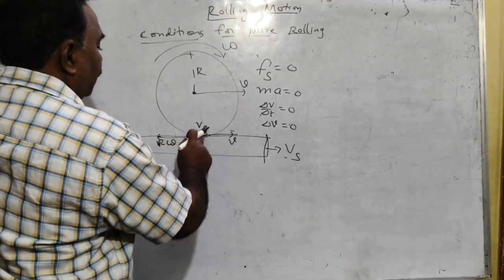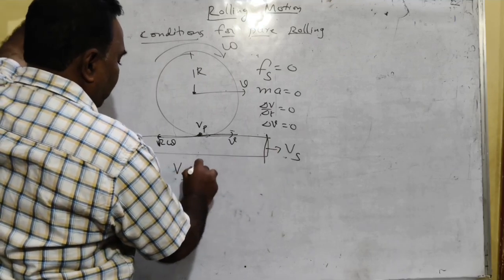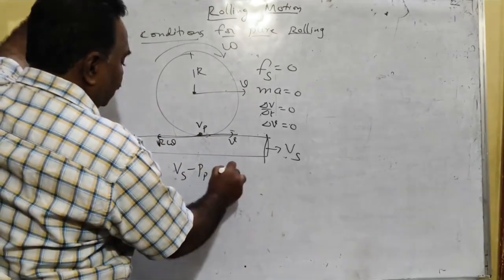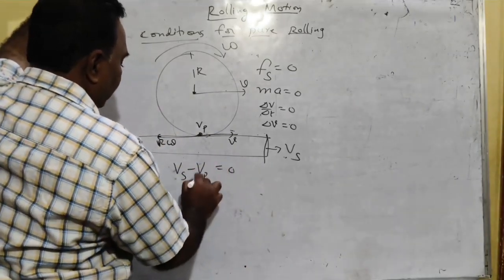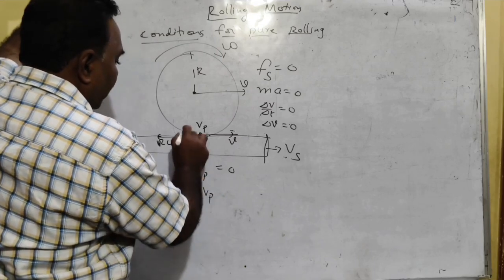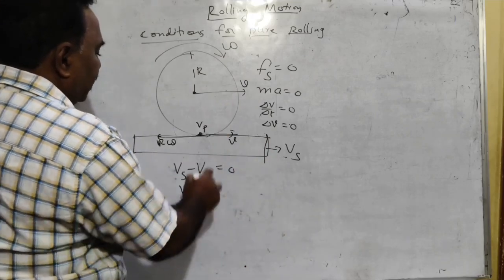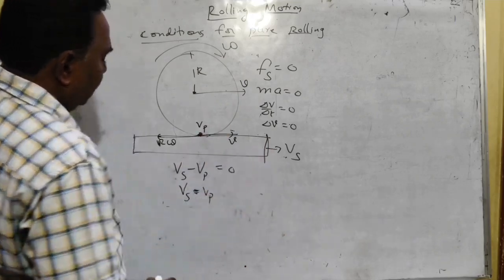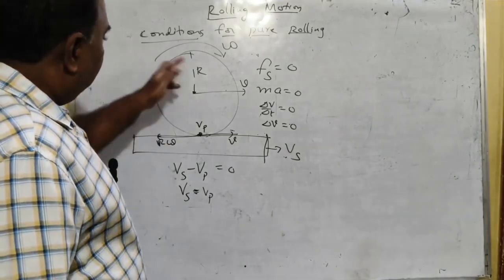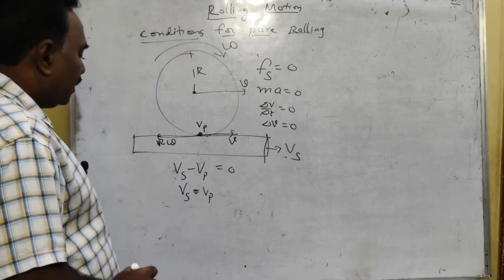Now, what is the velocity of P with respect to the surface? That is Vs minus Vp, which is equal to 0. Therefore, Vs is equal to Vp. If Vs is equal to Vp, there is no relative motion between this particle and this body. In that situation also, the body comes under pure rolling motion.